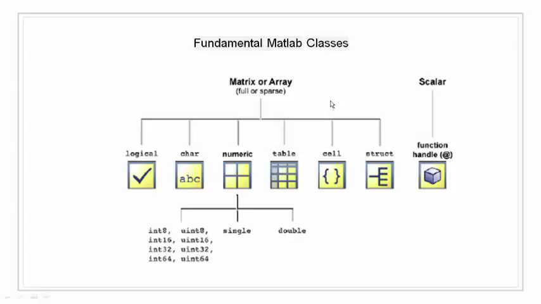We have the character class that has string arrays and character groups. Then we have the numeric class that has all types of single, double, and integer data types. Then we have the table class and cell class, which are nothing but containers, but they can have a variety of objects under a single variable. And then we have the structure class, in which we can store objects of other classes in a certain manner.